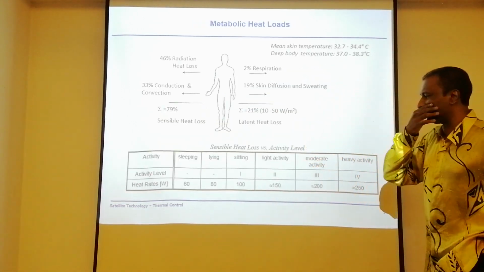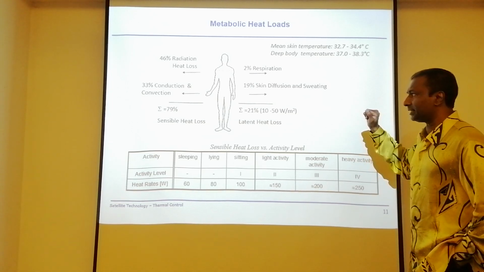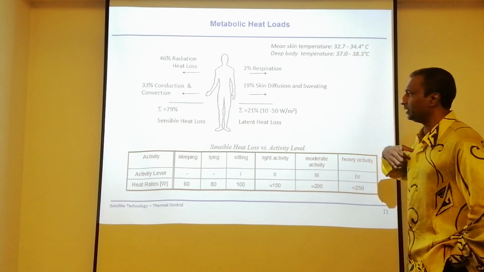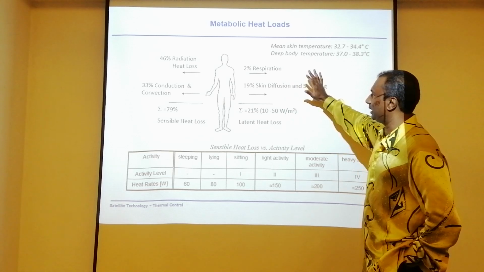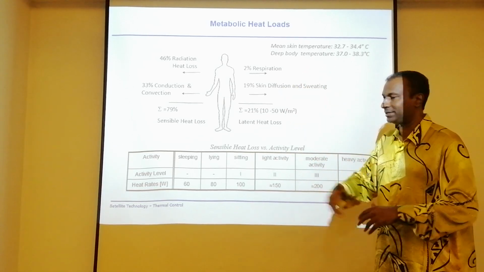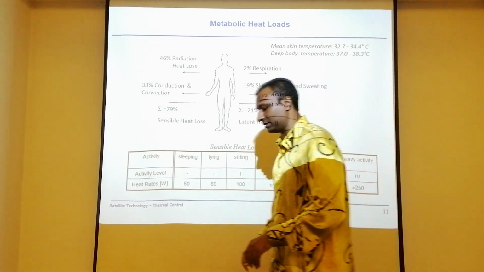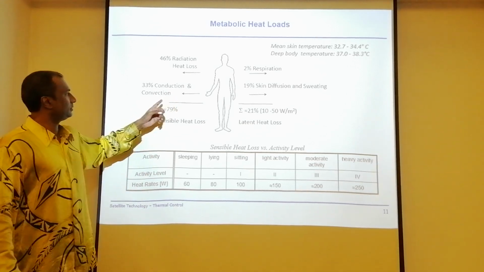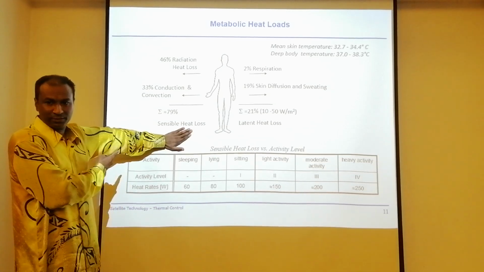Okay, this is interesting. Since we talk about the human, now let us see even our body. Okay, our body. If you look at it, there are two things, sensible heat and latent heat. This is what is happening. You breathe, skin, there's diffusion, sweat, etc. In hot climates it is even more. Then you have conduction. How does conduction happen? For example, I'm touching here, conduction takes place.